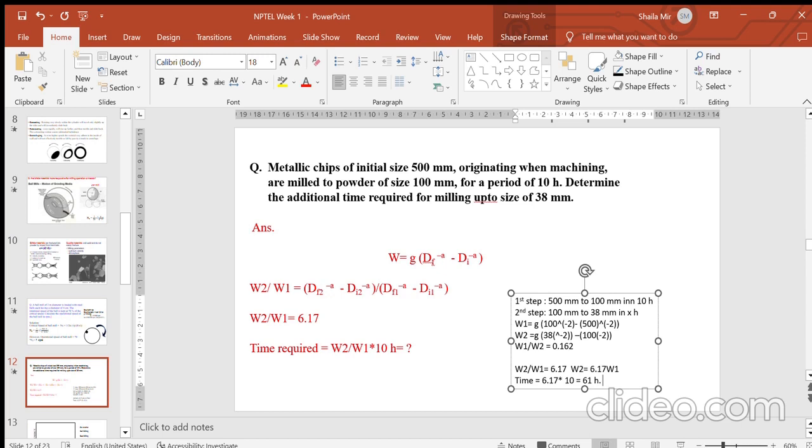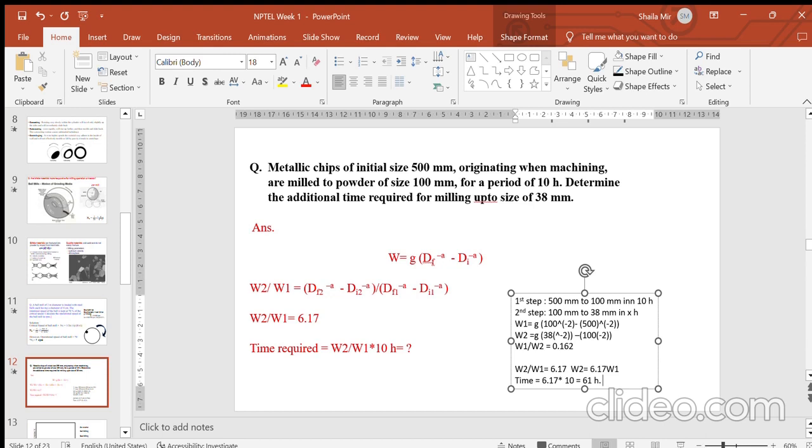So you are trying to get to only 10 hours, but if you are trying to achieve 38 mm, which is about 2 times, then you have a time required of about 61 hours.